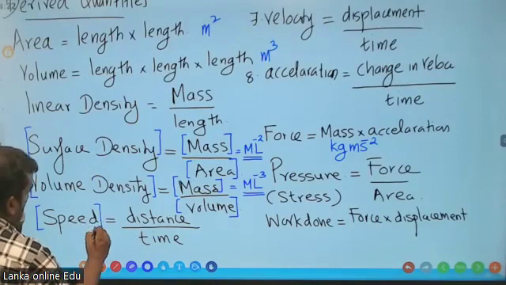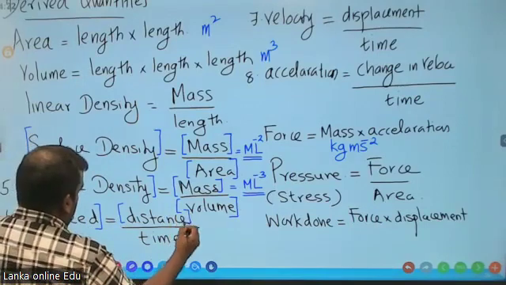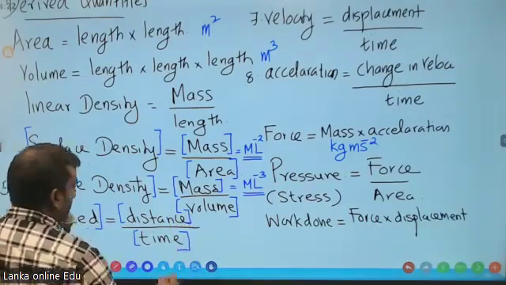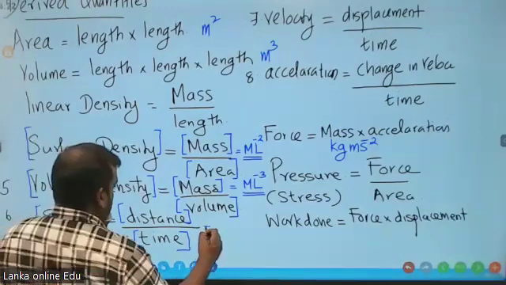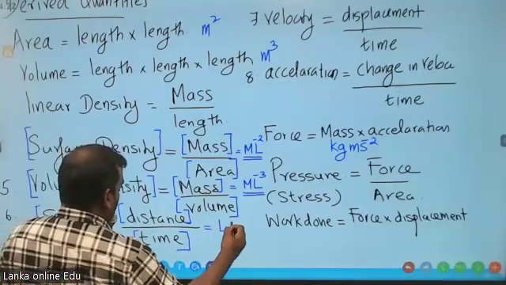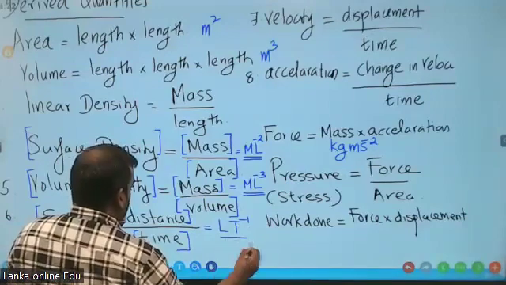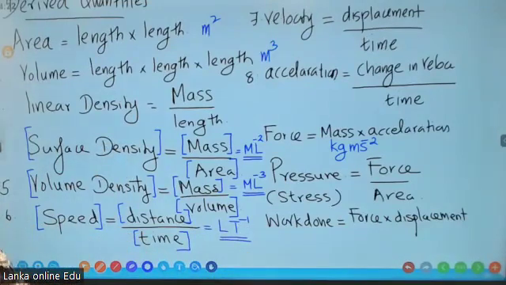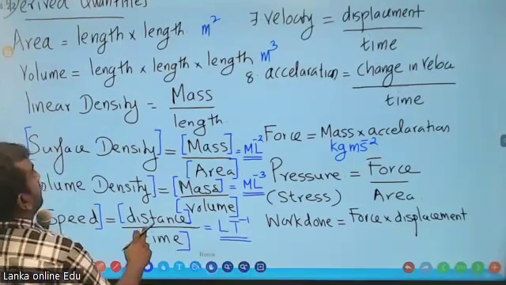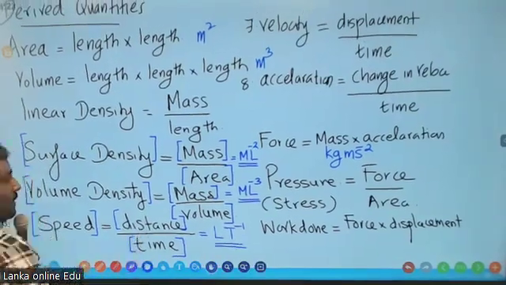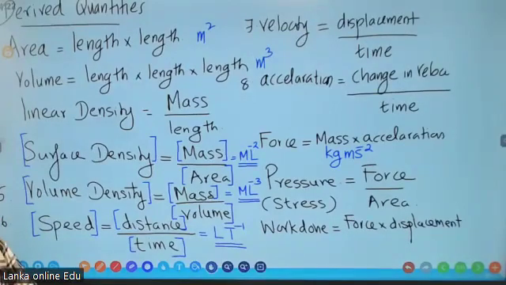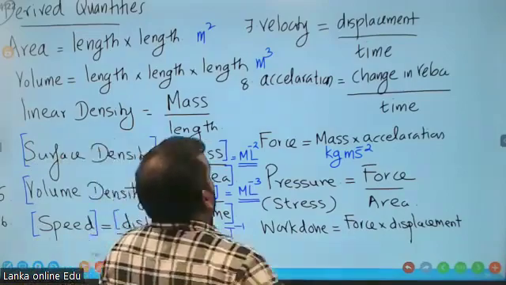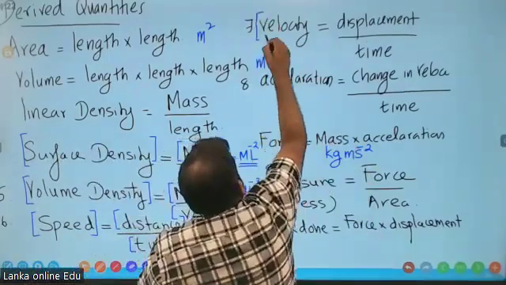Speed, distance divided by time. Distance is L divided by T. LT minus 1. Have you got those correct? Okay. Next is velocity dimension.